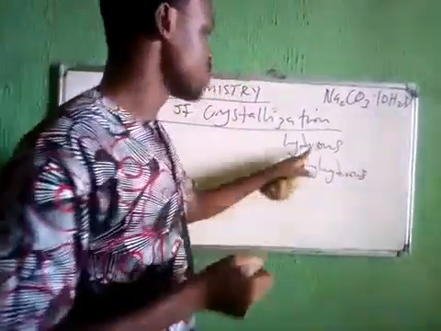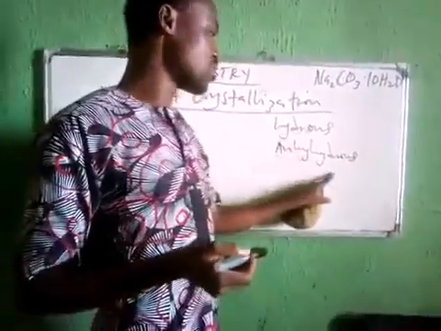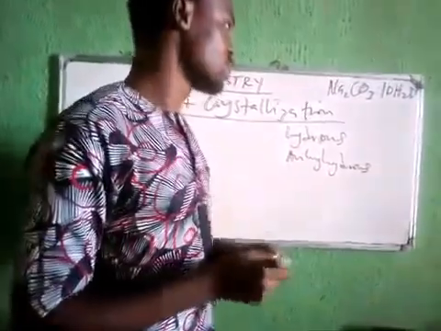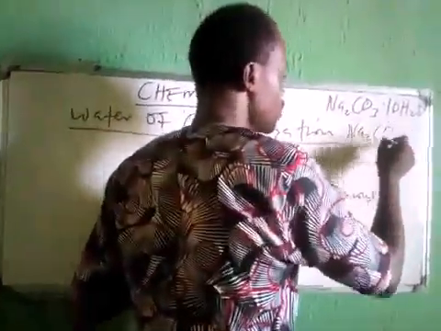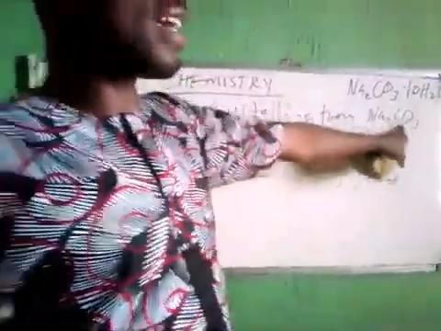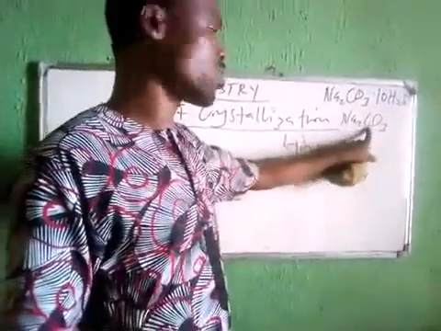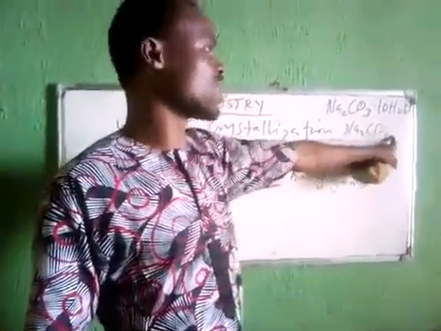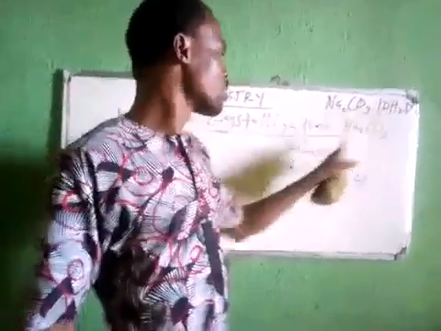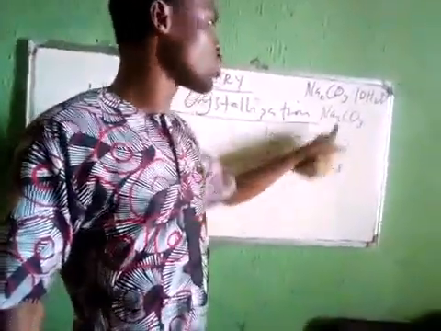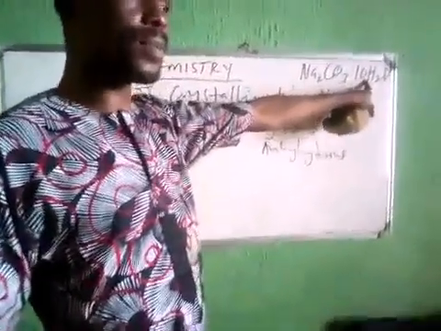When you say it is hydrous, it means it contains water of crystallization. If it's anhydrous, it does not have water of crystallization. For instance, this Na2CO3 is an anhydrous salt. You can see that there's no water of crystallization present. But this one is a hydrous salt, because it contains this.